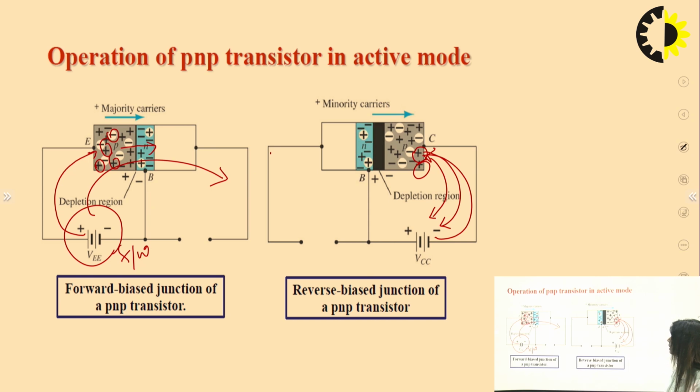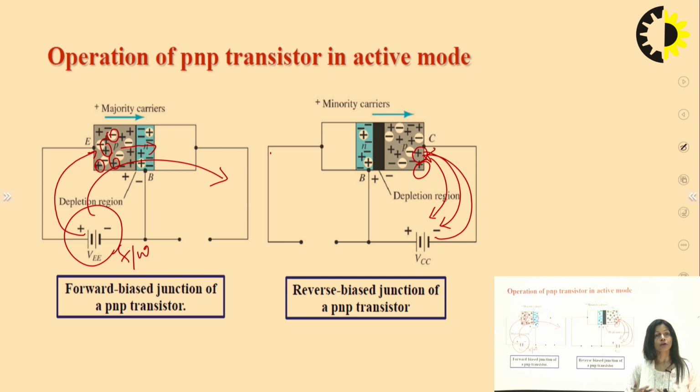And a few minority carriers will support the emitter current. This current will be supported by the movement of these holes due to the negative terminal of the battery, and they will enhance whatever holes are coming, attracted towards the negative terminal of the battery, and hence one current is flowing due to the majority carriers, right?